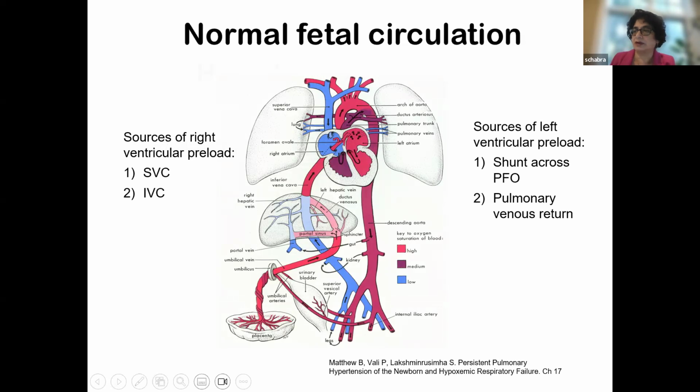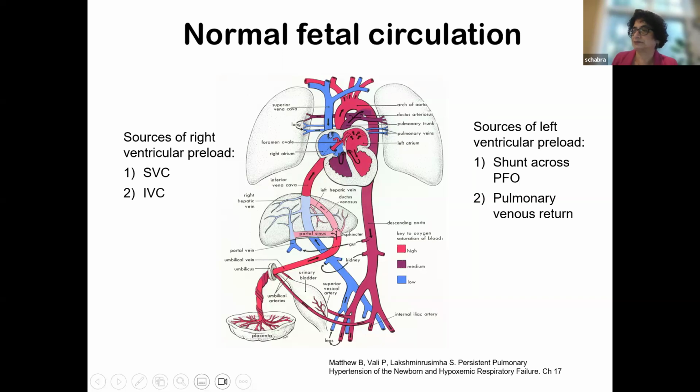This oxygenated blood returning to the heart via the IVC is preferentially streamed from the right atrium to the left atrium via the patent foramen ovale to perfuse the coronary and cerebral circulations.